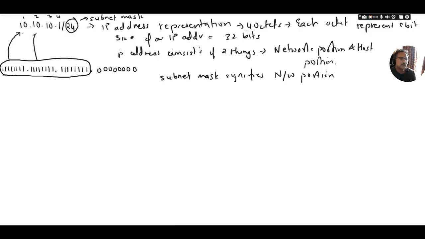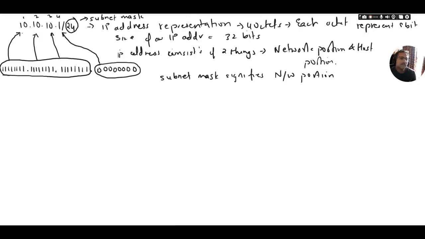Again this will also not change, and this will also not change. So which octet can change? The last one. We have the freedom to fiddle around with the 4th octet. Basically we will mask the zeros of the host portion, converting them into 1. Masking means converting zeros into 1.